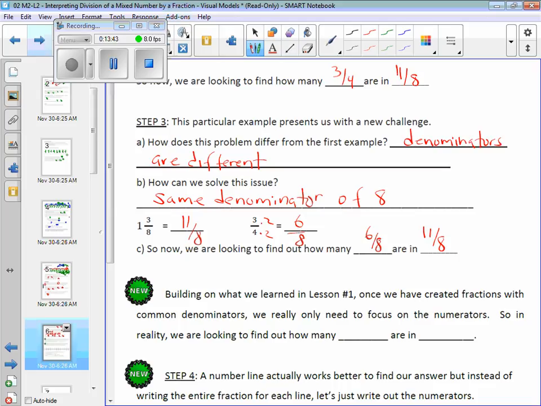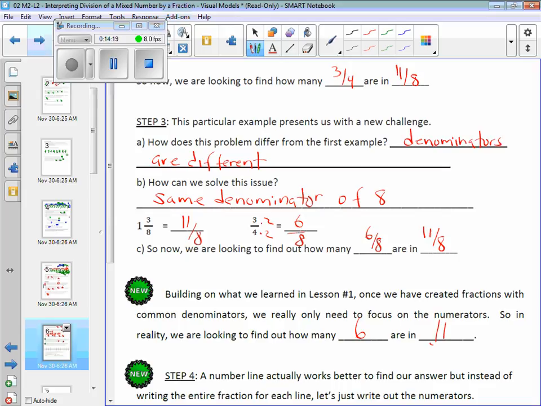Since we know that the denominators are the same, are you okay with trying to figure out how many 6s are in 11? Stop me if you don't understand that leap. Are you okay with how many 6s are in 11?